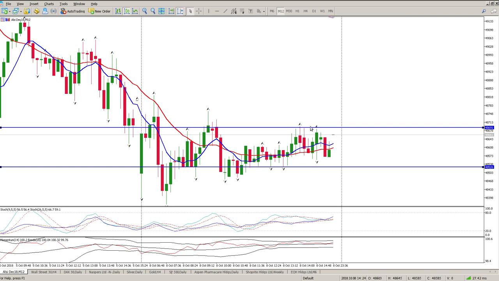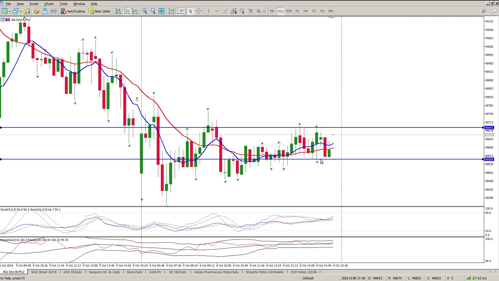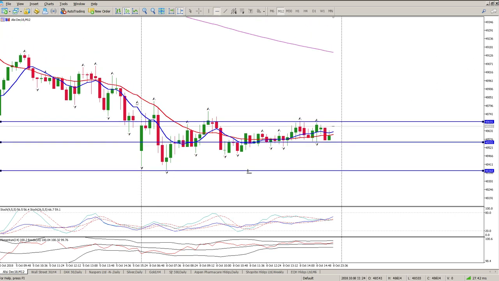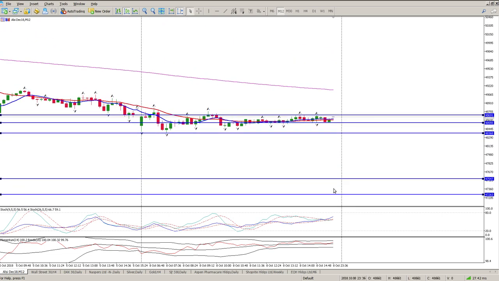So these fractional levels, you could even pull it up to there. Okay, so a break below 48,555 will definitely target the low of yesterday for a start. If we break through that, then you're looking for these downside levels.